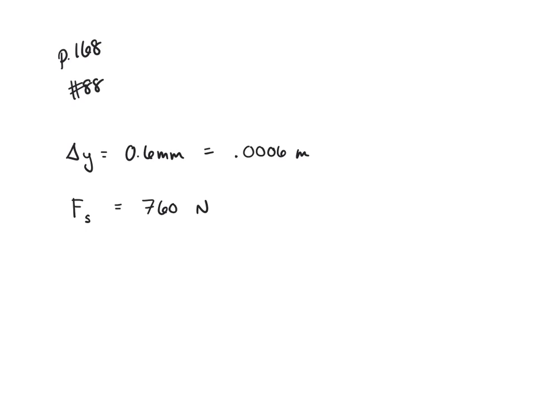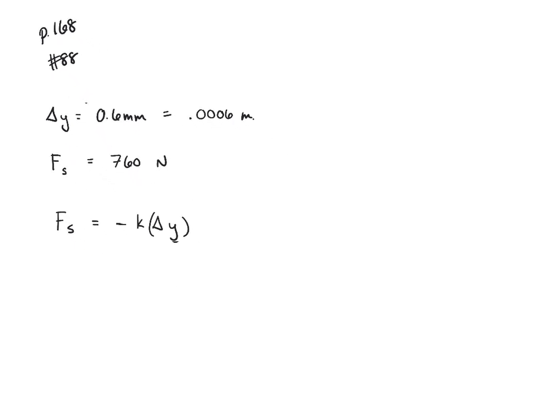All right, so right away, let's start by finding out our K value. So if we remember here for this chapter, Fs equals negative K delta X. I'm going to put a delta Y here, again, simply because it's a vertical spring, because it's a scale. The initial height is some value.